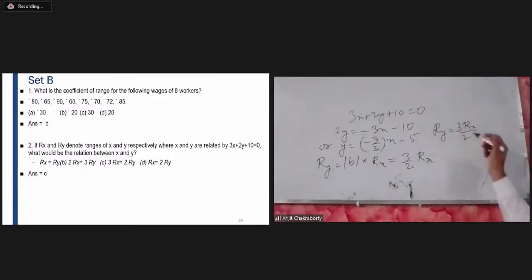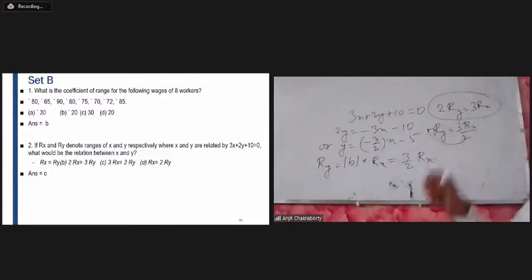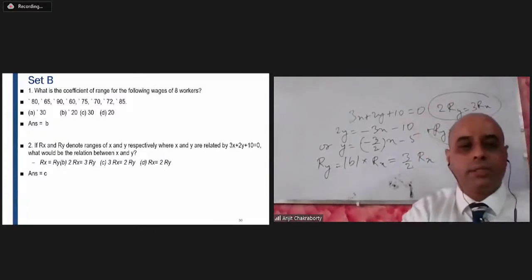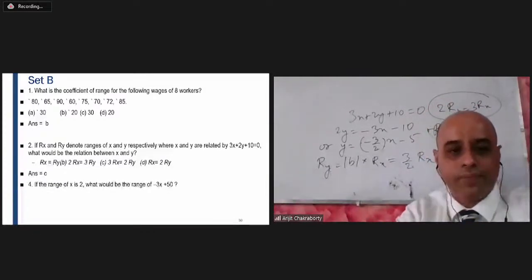That means 2 into Ry equal to 3 into Rx. So twice the range of y is equal to 3 times the range of x, 2Ry equal to 3Rx. You can see in the options given, answer C is the right one.